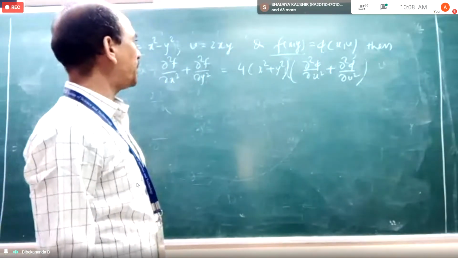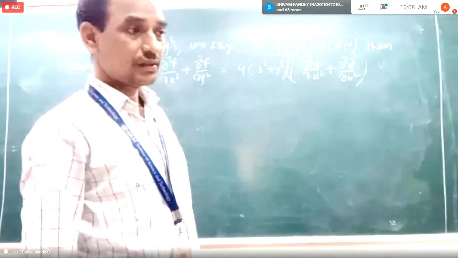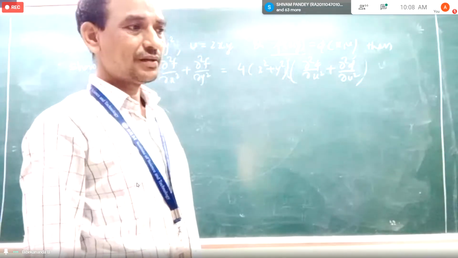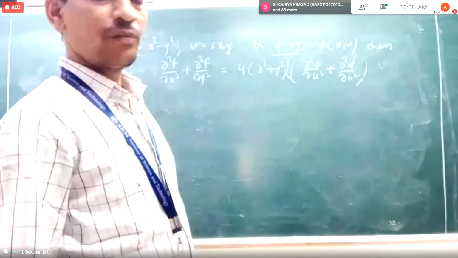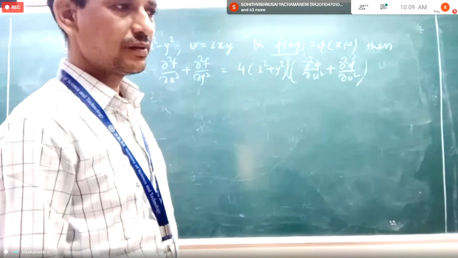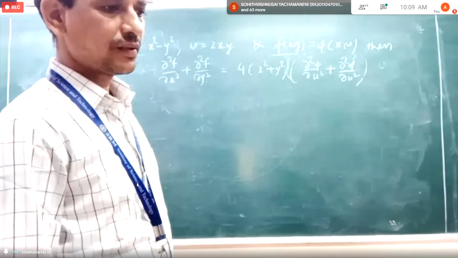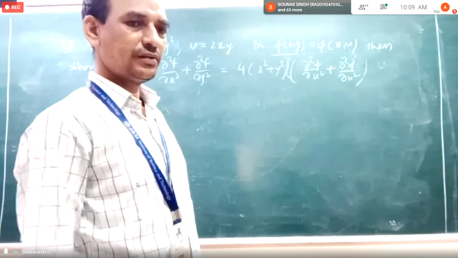Similarly, dou square phi by dou u square, what is the meaning of that? Double partial derivative of the function phi. Phi is a function of which variables? Oh, u and v, sir. F is a function of which variables? X and y, sir.